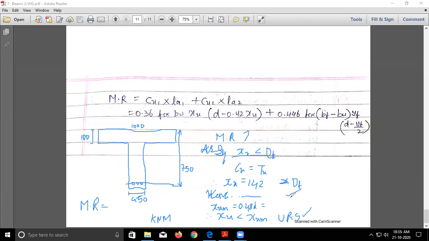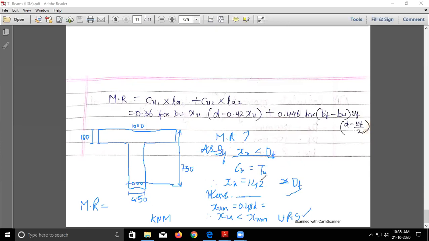So in that case, you will have to assume the second case or the third case. So it is better that we assume the next case, that is Xu is greater than Df and Df is less than 3/7 Xu. So after this, write down, hence our assumption is incorrect.